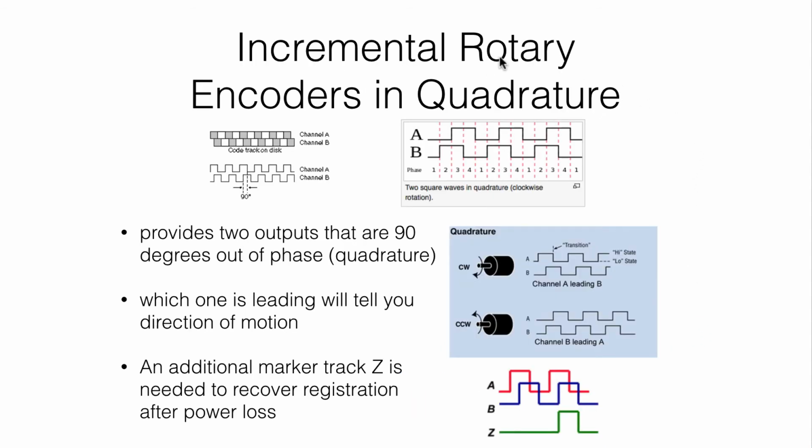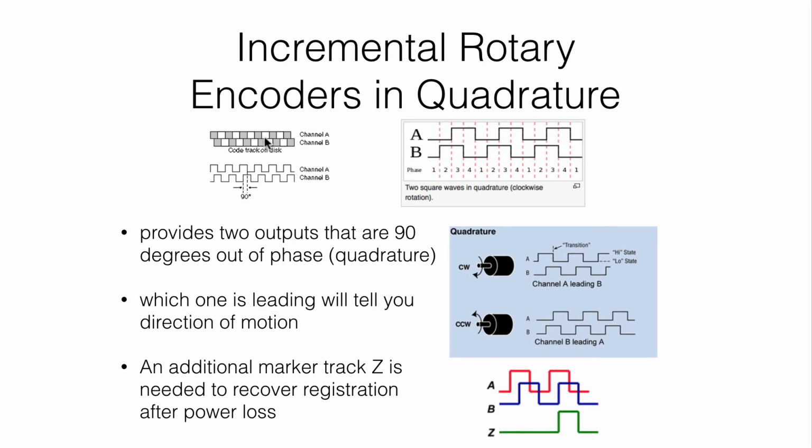Then the counterpart of an absolute encoder is an incremental rotary encoder. What this does is it'll have 2 tracks, just 2 channels on the disk, that go from 0 to 1 to 0 to 1 to 0 to 1 on the 2 different channels.